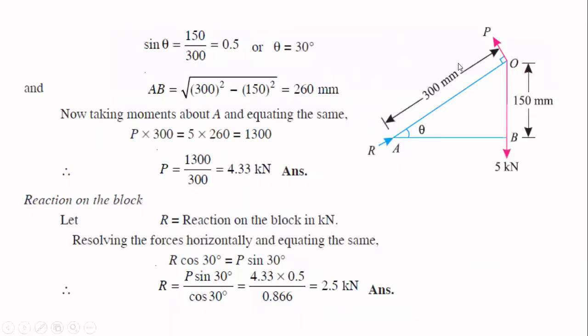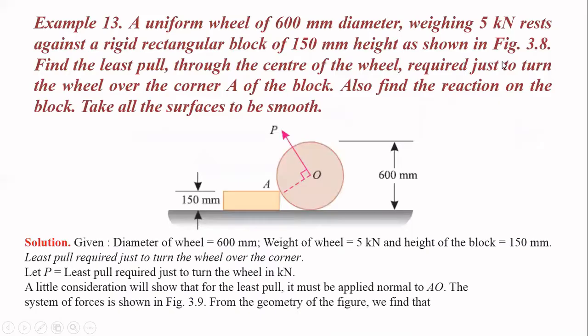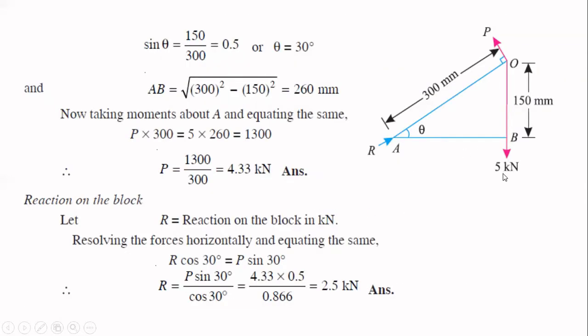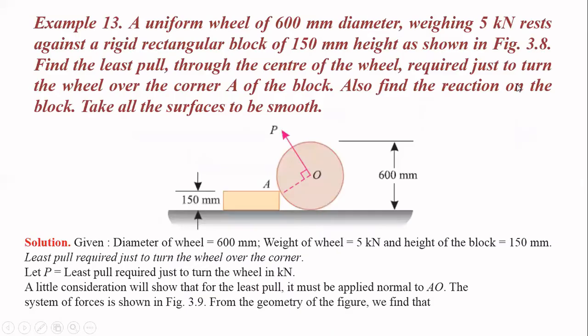Now let us see here. This P is applied over here at point O. O is the point CG of the particular wheel, and W is the weight, that is 5 kilonewton, which passes through that point O, and R is the reaction which is developed at the corner A. It means at this particular location there will be a reaction RA.